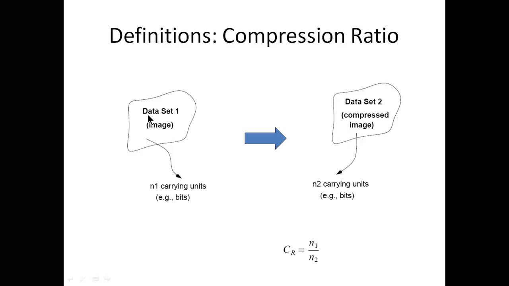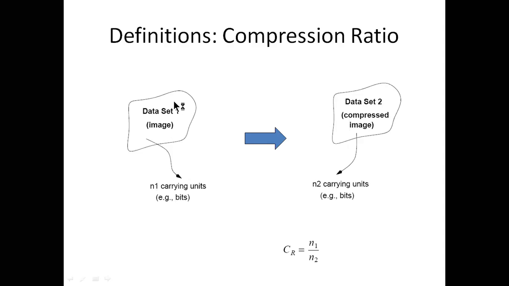This data set 1, the input image, consists of N1 carrying units. That means N1 bits. After compression, we will have a data set 2. But data set 1 and data set 2 are not equal, because data set 1 consists of more bits or more data.